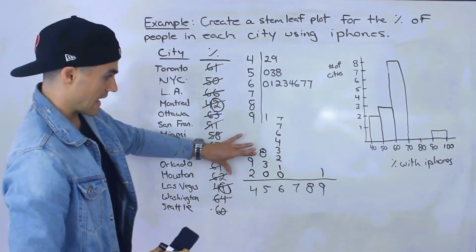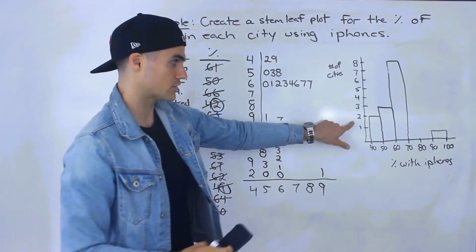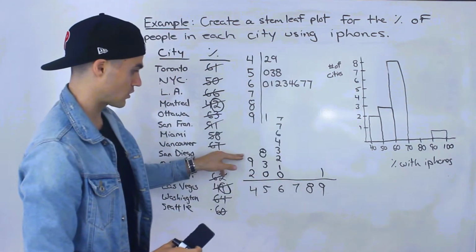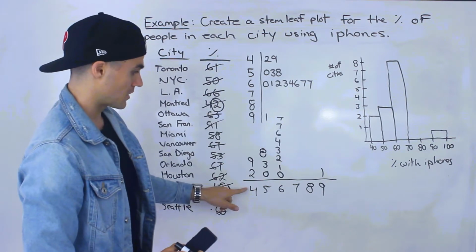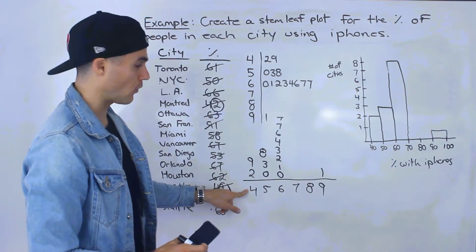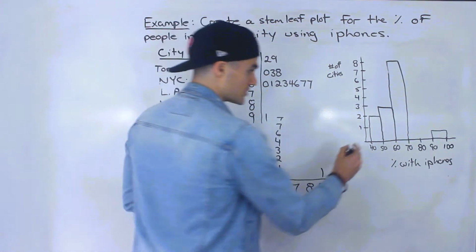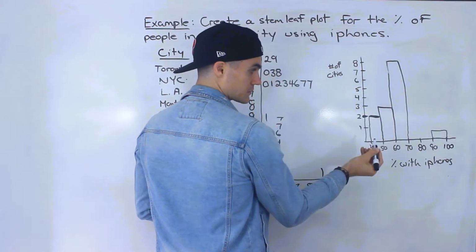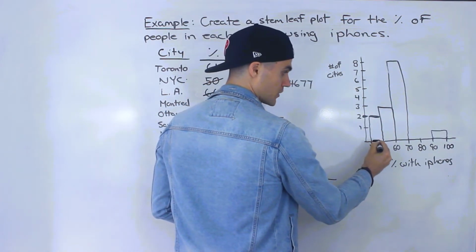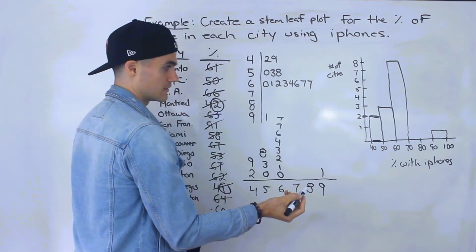And so notice that this here is very similar to this shape. Notice that there are 2 cities where the percentages are starting with a 4, which is the same as 2 cities here, the frequency 2, between 40 and less than 50.